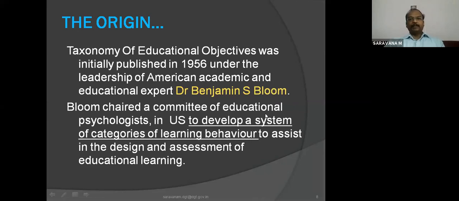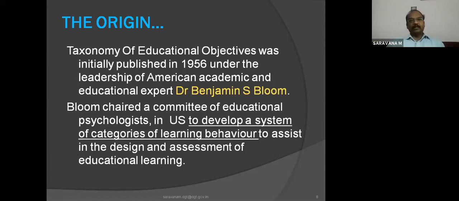Bloom chaired a committee of educational psychologists in the US to develop a system of categories of learning behavior to assist in the design and assessment of educational learning. So in any system, training system or educational system, there will be a framework and that has to be followed for all the education system.